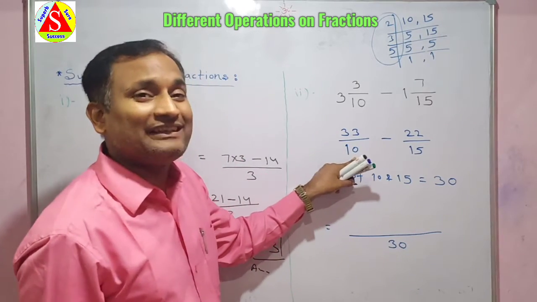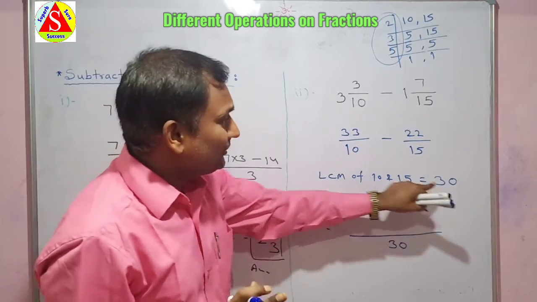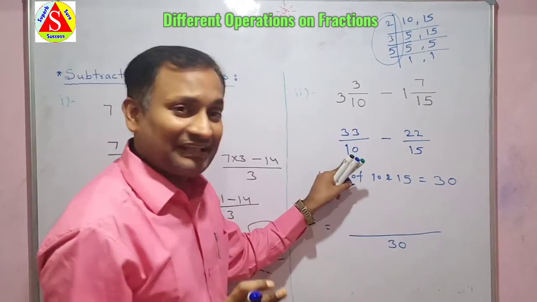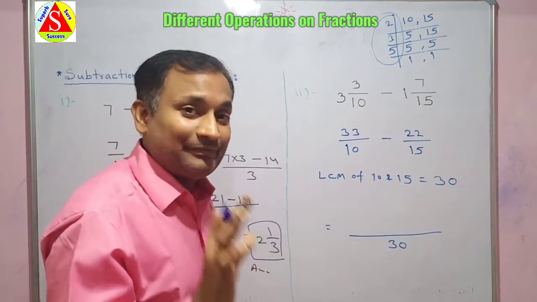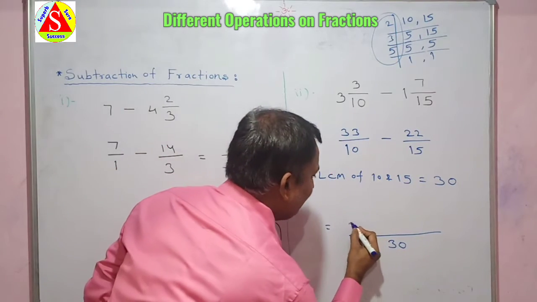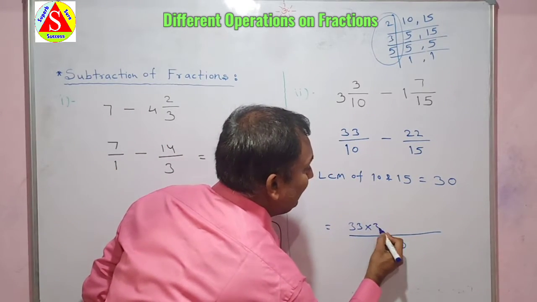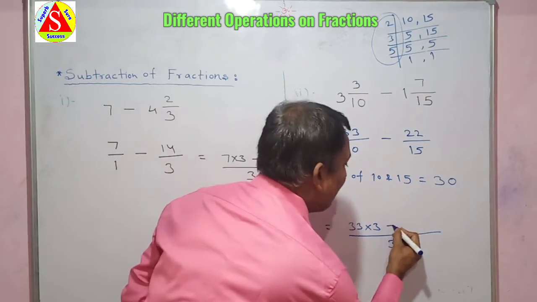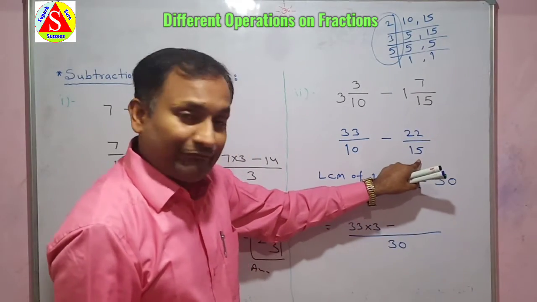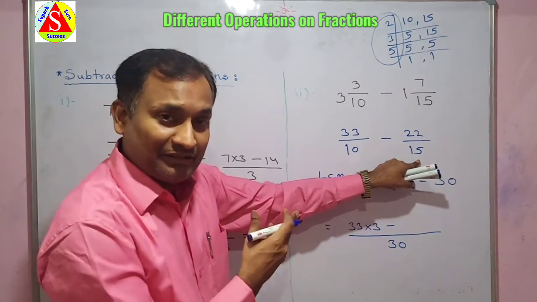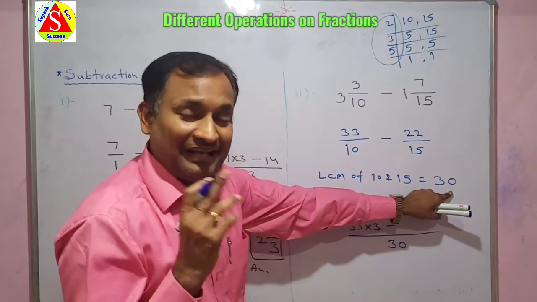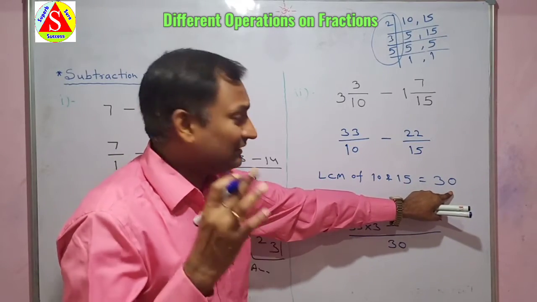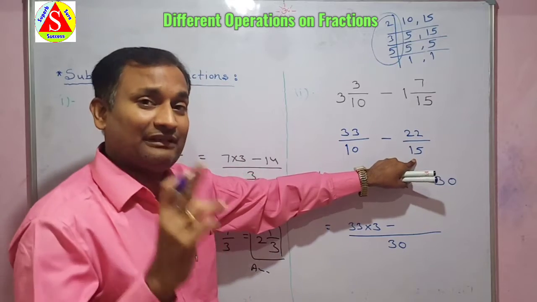Since here we have 10 in the denominator, divide 30 by 10, we have 3. It means in the numerator we have to multiply by 3. Minus, 15 is in the denominator and 30 is the LCM. So when we divide 30 by 15, we have 2.